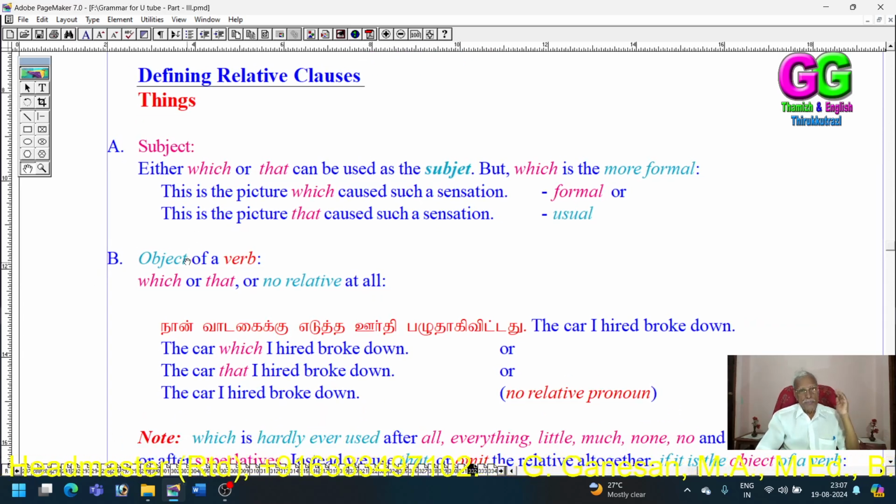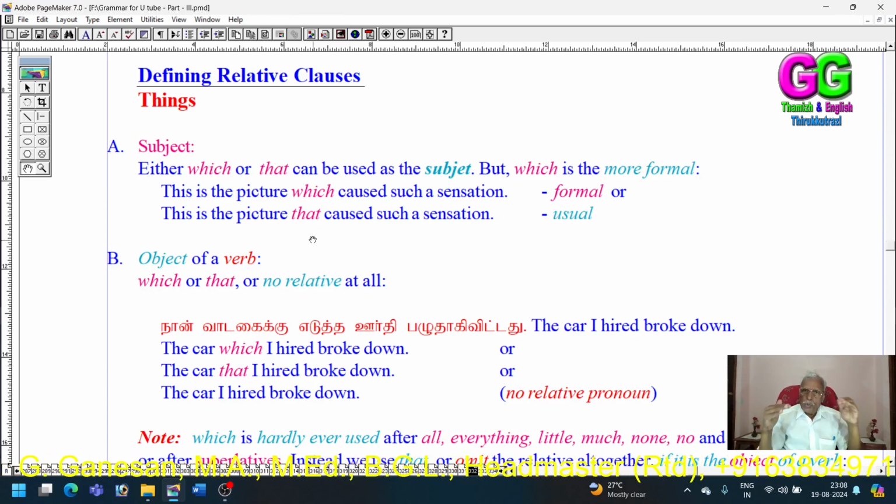Then, as objects. As the object of a verb, which or that are used, as with the subject, but mostly in informal English that is more used as an object.